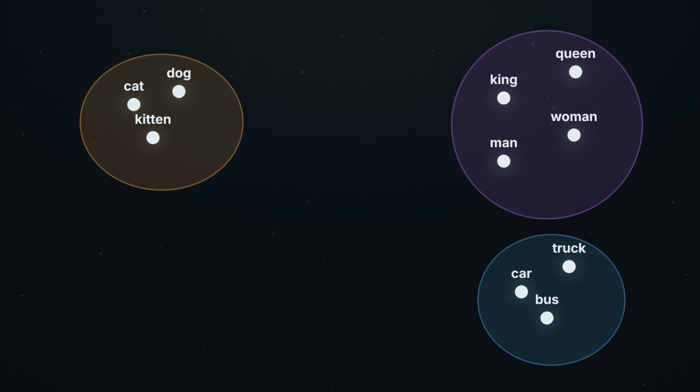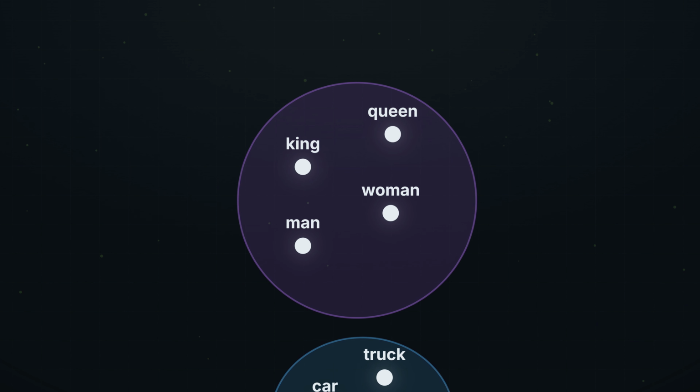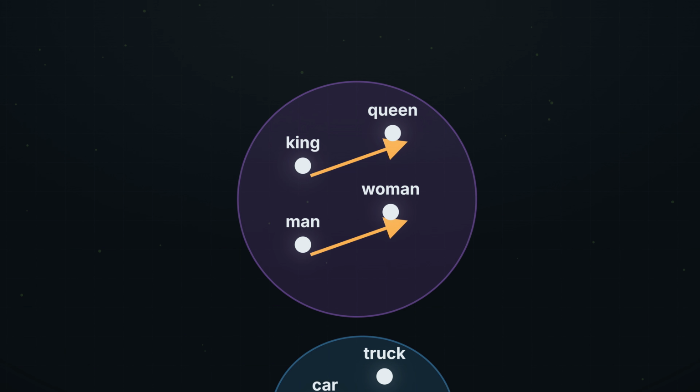And it gets stranger in a good way. Because meaning is now positions and distances, directions start to mean something too. The famous one: take the point for king, move in the same direction that runs from man to woman, and you land almost exactly on queen. The model was never taught that. The relationship just falls out of the map.